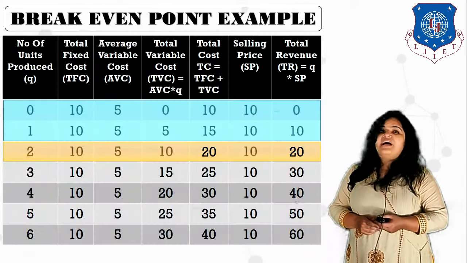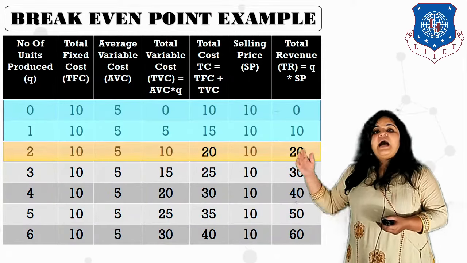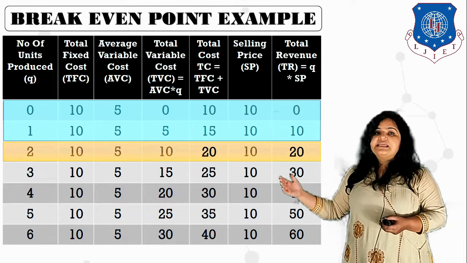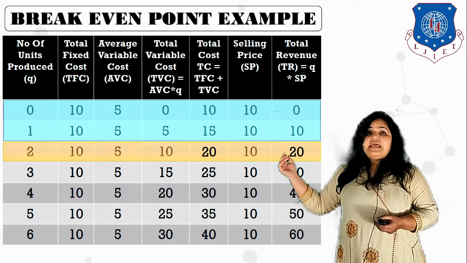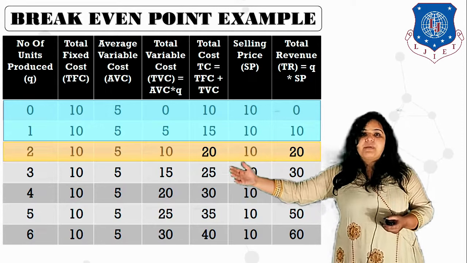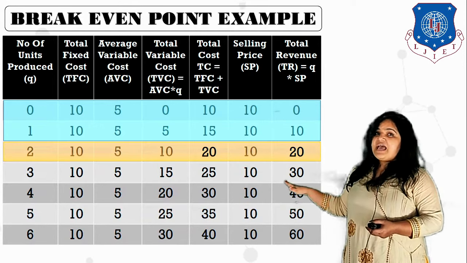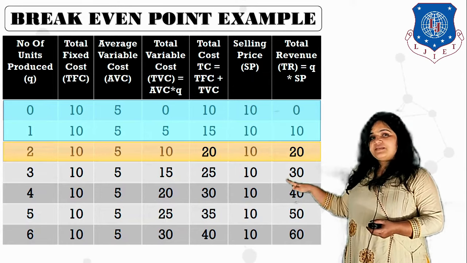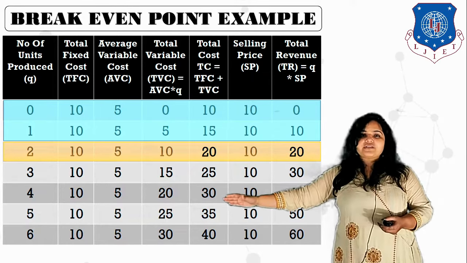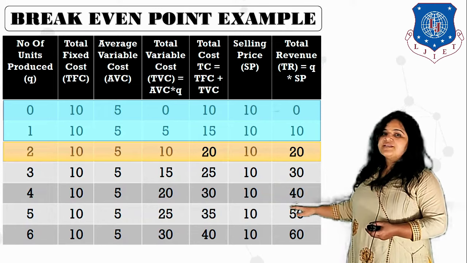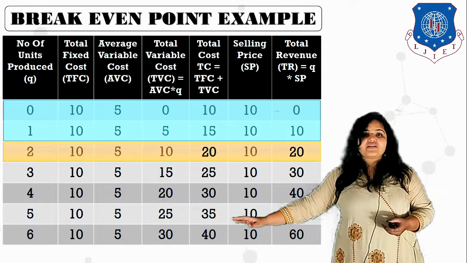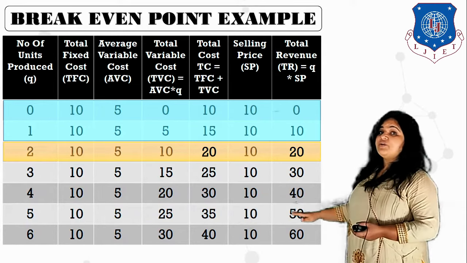What about after break-even point? After break-even point, you can see that my total cost is 25 rupees, but my total revenue is 30 rupees. I am making a profit of 5 rupees. Here my total cost is 30 rupees, but my total revenue is 40 rupees. Here my total cost is 35 rupees, but my total revenue is 50 rupees.